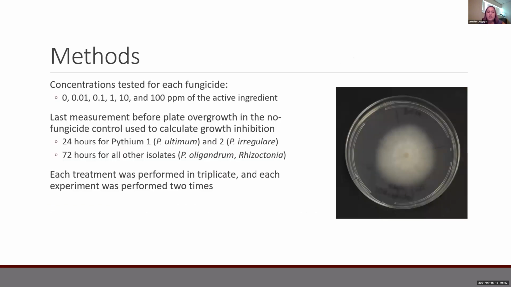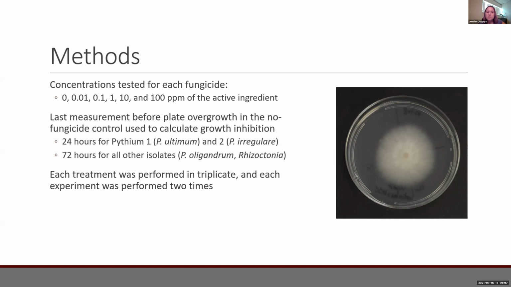For each fungicide, plates contained 10-fold dilutions from 100 down to 0.01 ppm of the active ingredient, as well as no fungicide controls, and they were inoculated with a mycelial plug and incubated at 25 degrees Celsius.